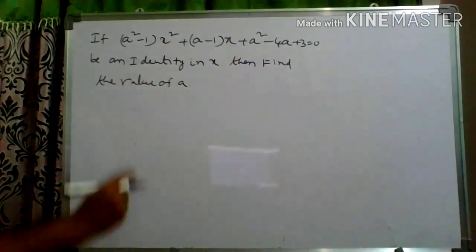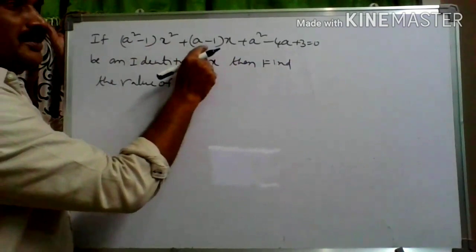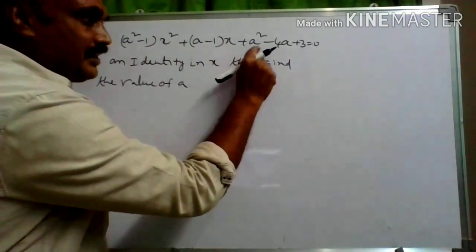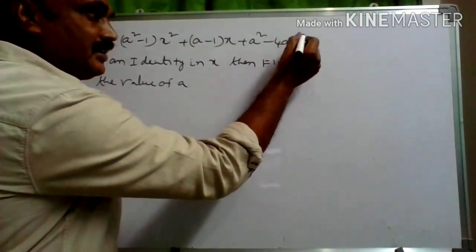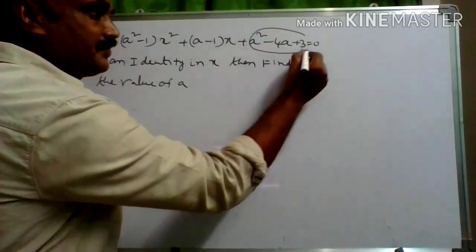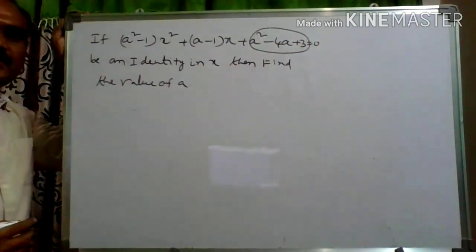Students, if a square minus 1 into x square plus a minus 1 into x plus a square minus 4a plus 3, this equation, a square minus 4a plus 3 is equal to 0.